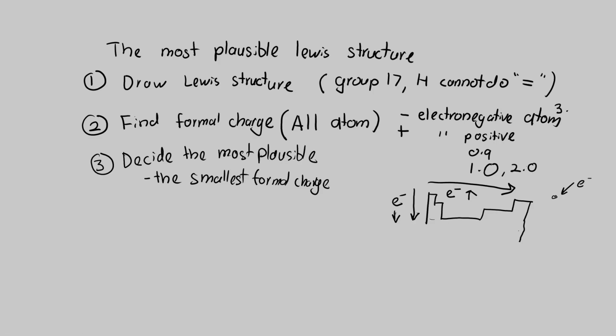So now, kita dah habis on our formal charge. Kita dah habis on the most plausible and exception to octet rule. Exception tu is very easy. Don't worry. As long as you did you punya electron counting betul, you will get a proper Lewis structure.